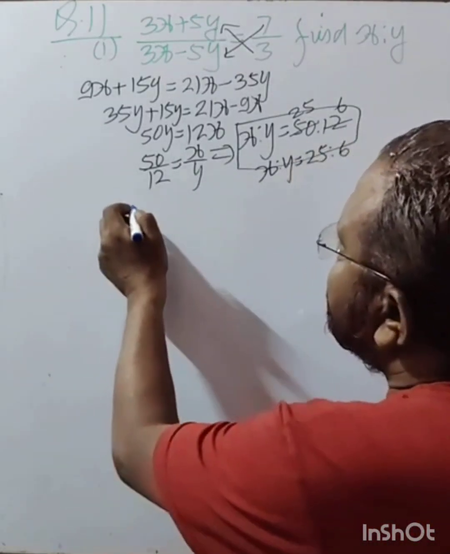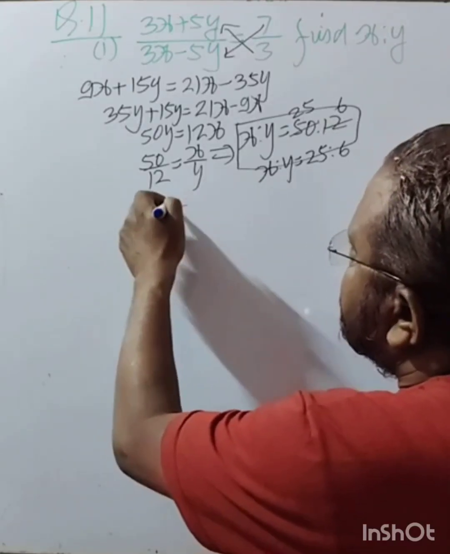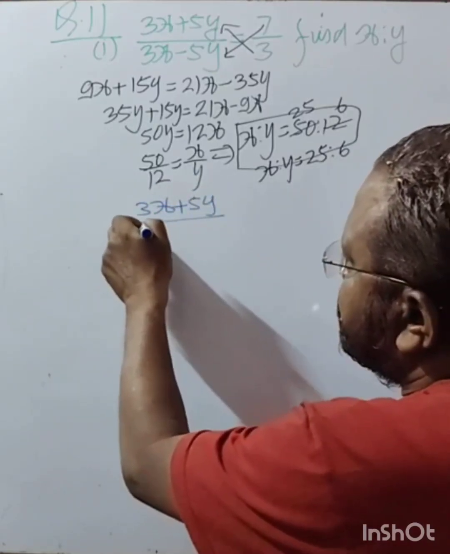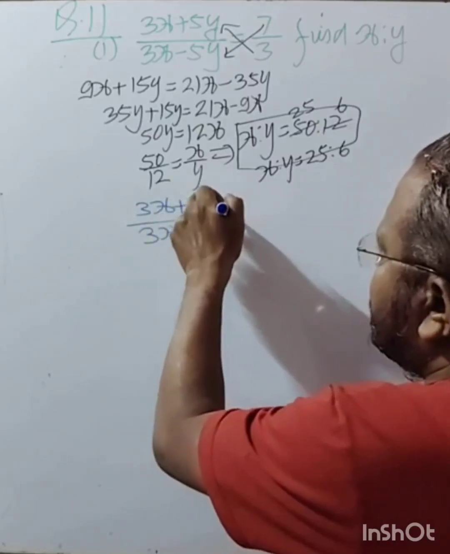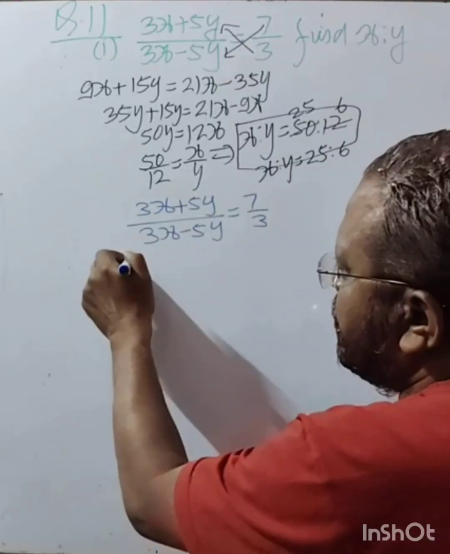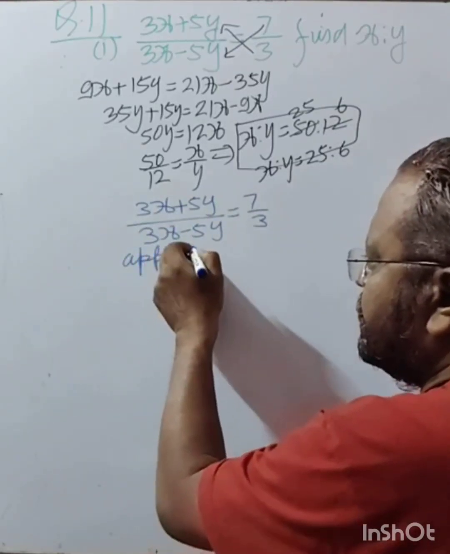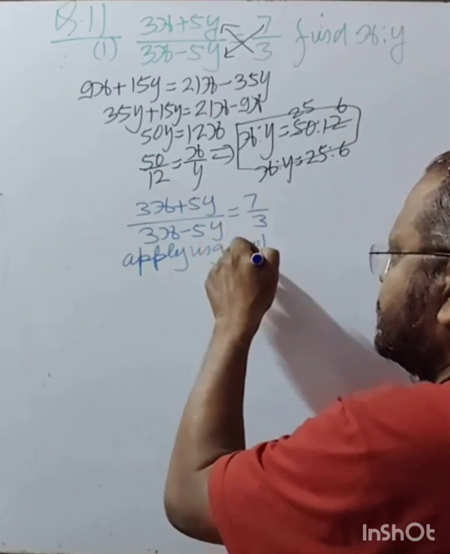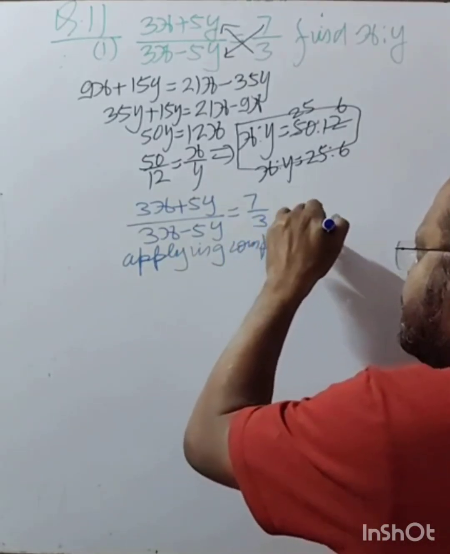You have the question 3x plus 5y upon 3x minus 5y is equal to 7 upon 3. Applying componendo and dividendo.